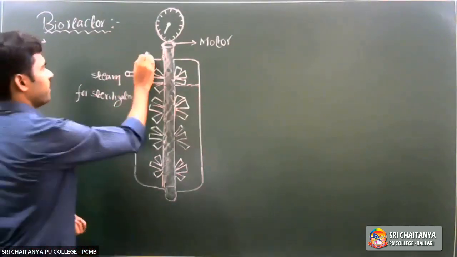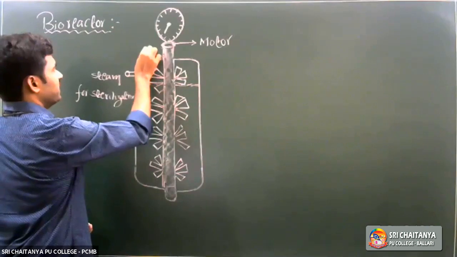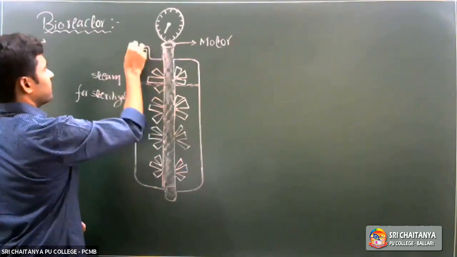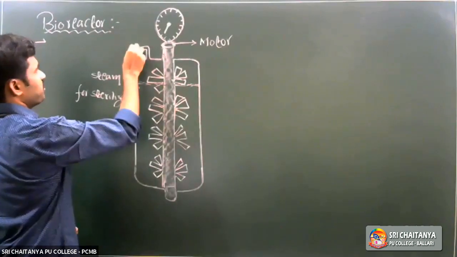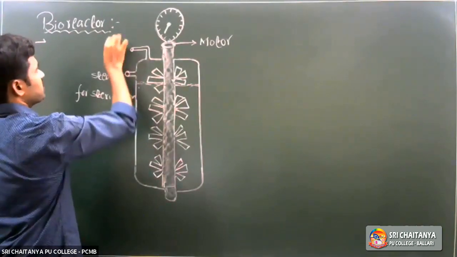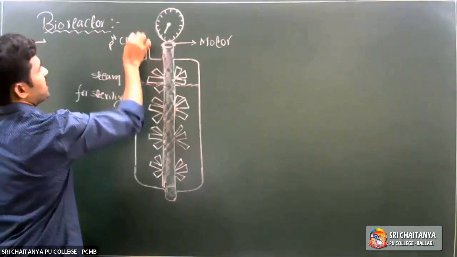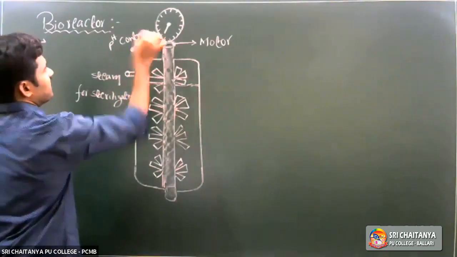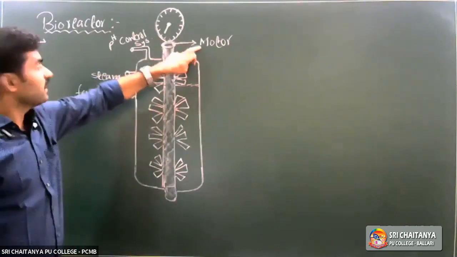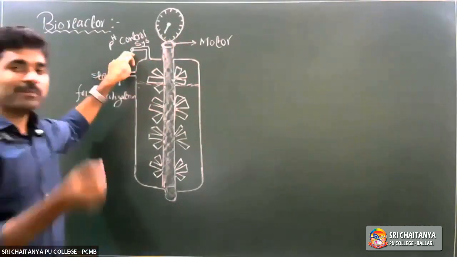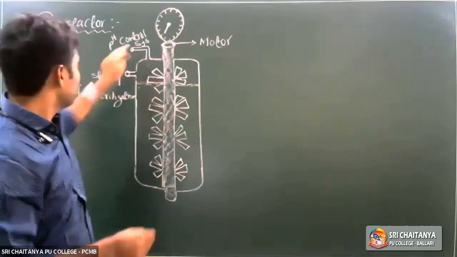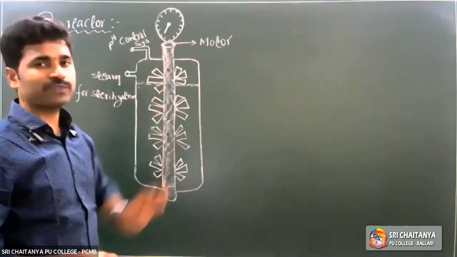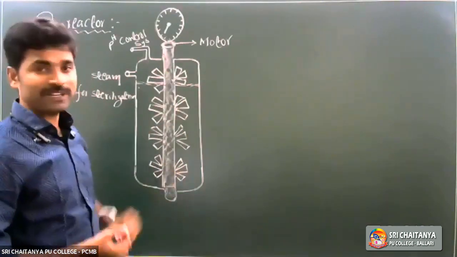And this port indicates the pH control system. It maintains optimum pH. And this is steam for sterilization, so we pump steam for the sterilization of the raw material.